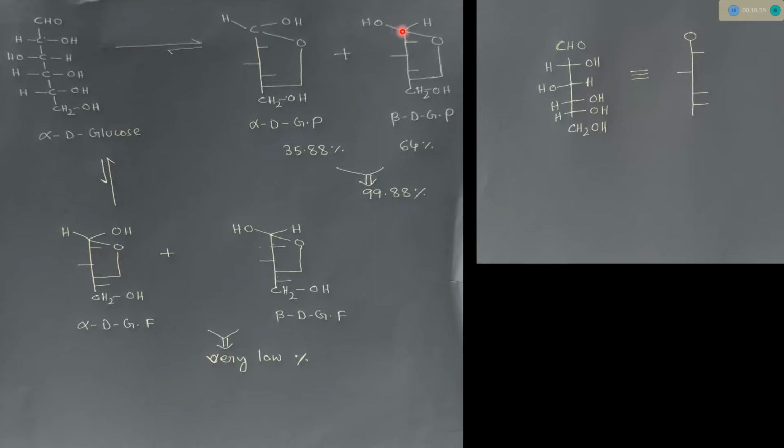So in this anomeric structure there is zero equivalent of 1,2-diol present in cis fashion.